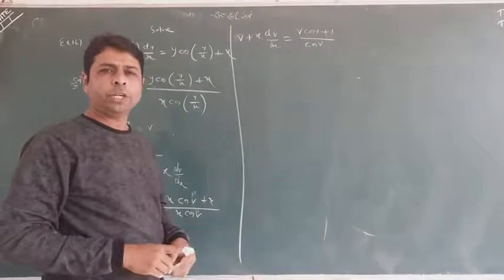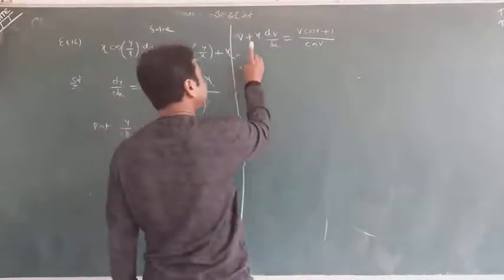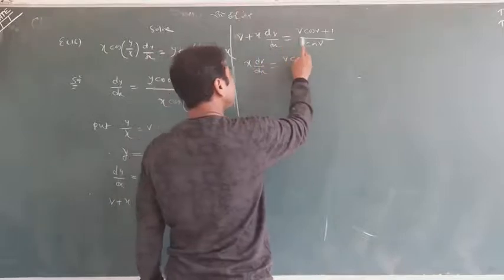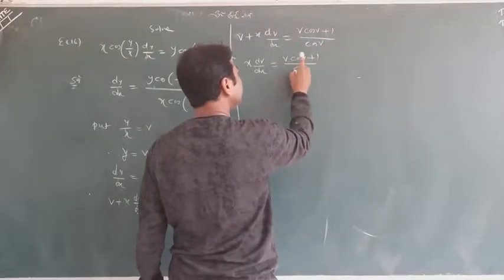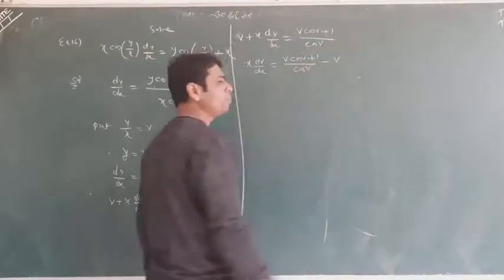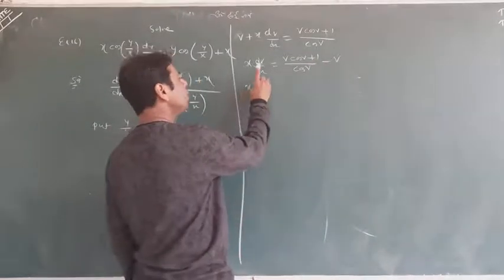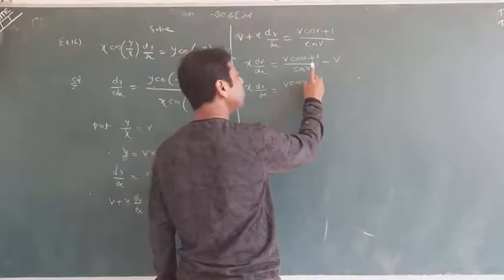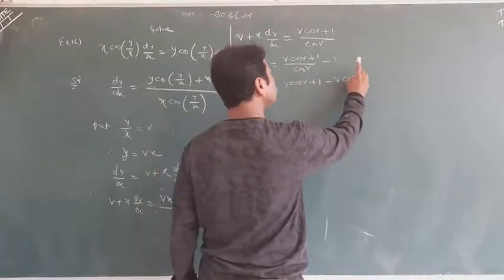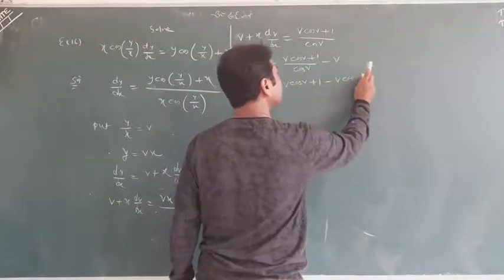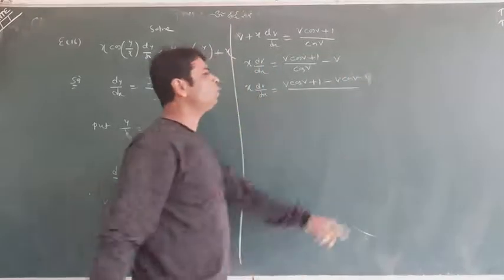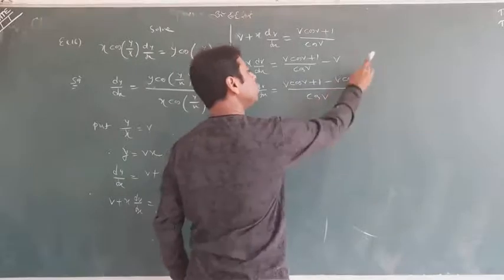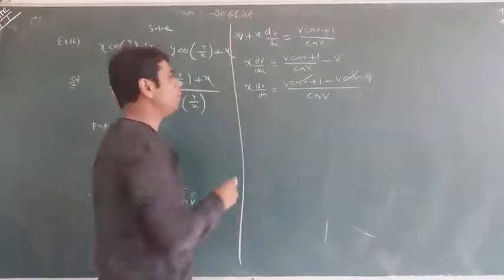Now it turns into a variable separable form. How is it so? x dv/dx is equal to (v cos v + 1)/cos v minus v. Take an LCM: (v cos v + 1 - v cos v) upon cos v. These two cancel, which is a very good thing for us.